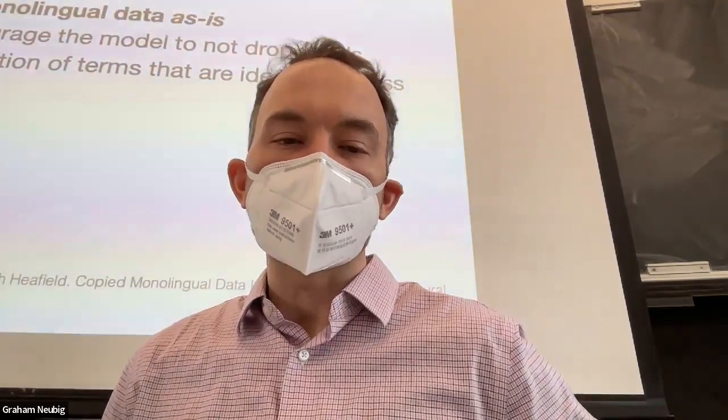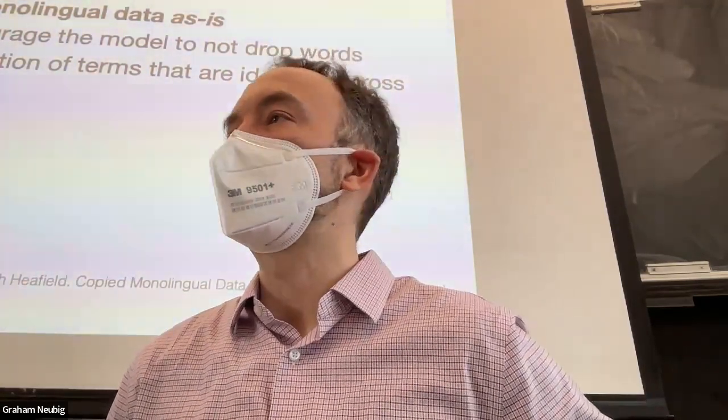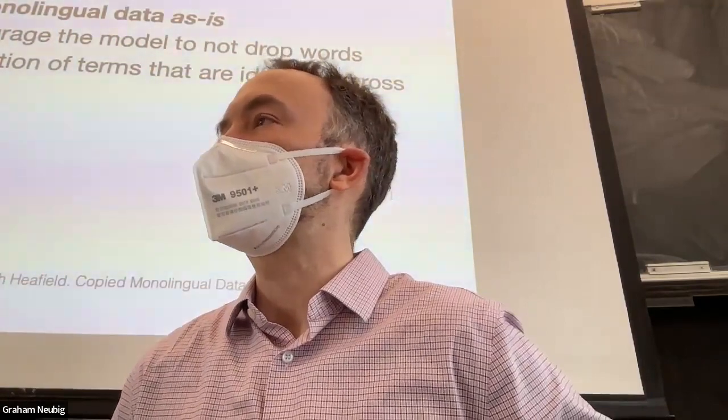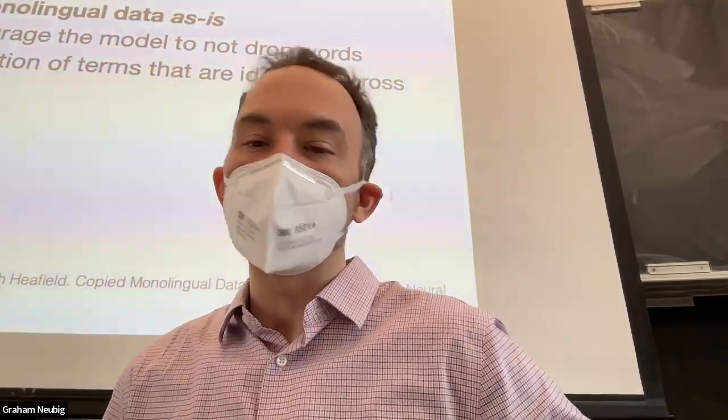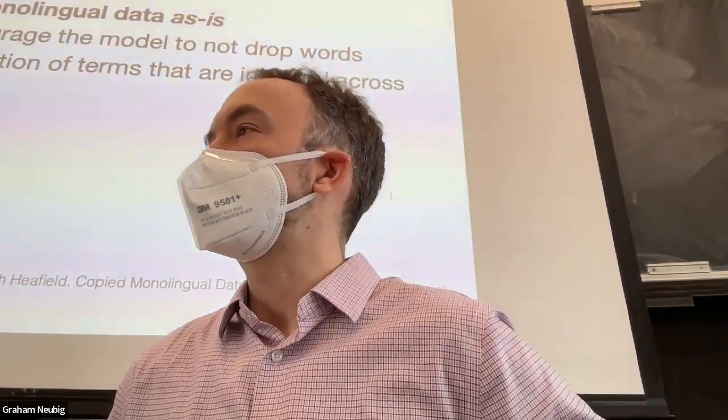Another simple trick, which is frustratingly effective at improving your models, is monolingual data copying. The issue is that back translation may help with structure, but one of the issues with low resource language systems is that they tend to fail really badly on unusual vocabulary, for example proper names.